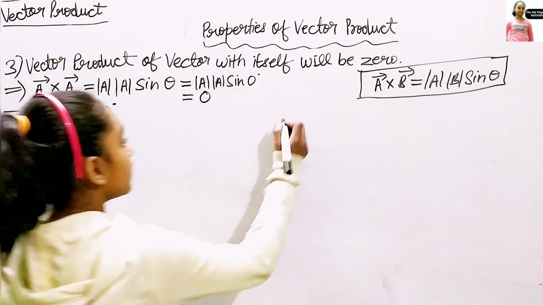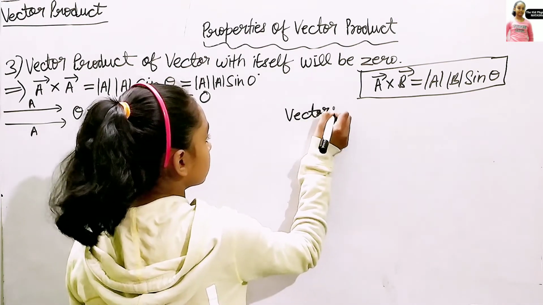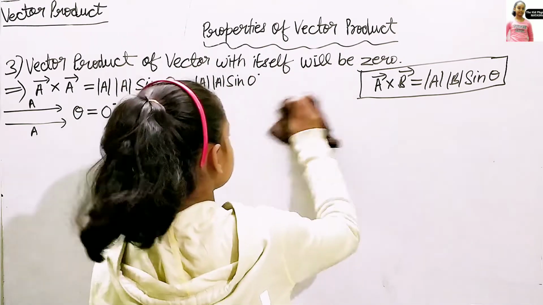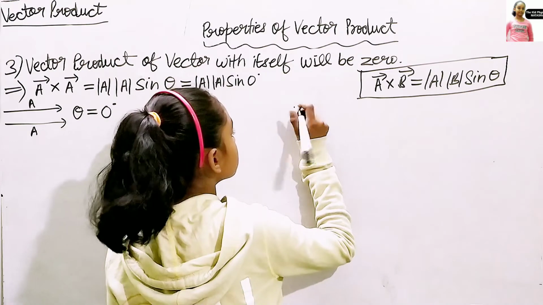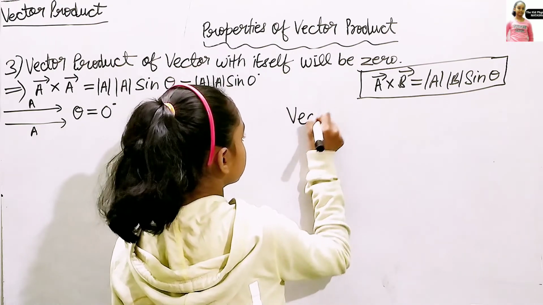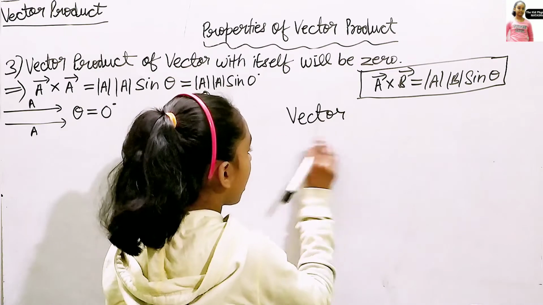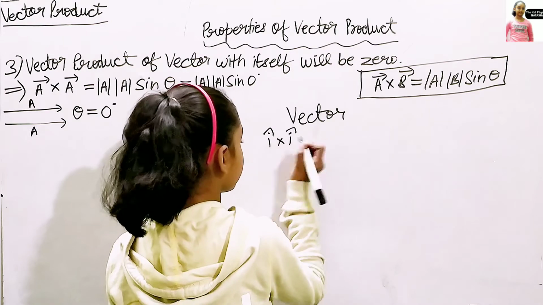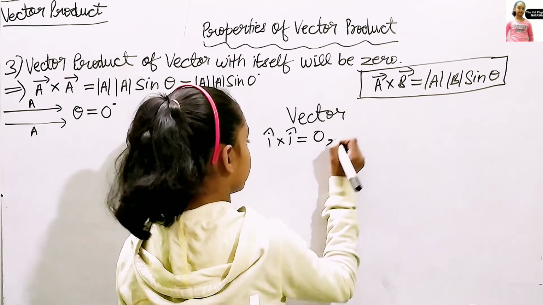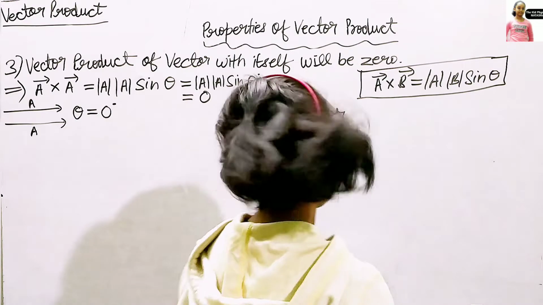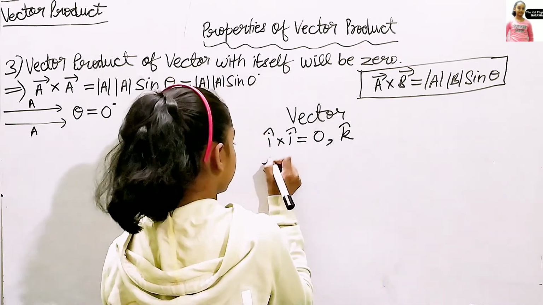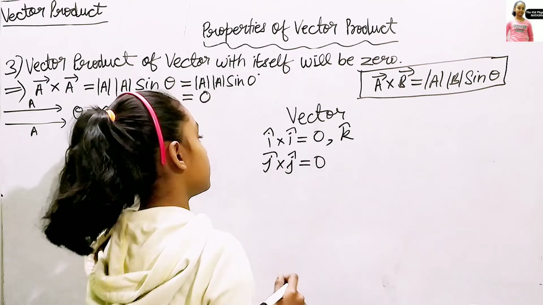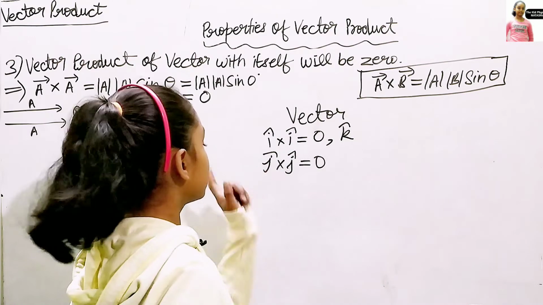Got it? So in other vectors, let's take i cap. When we do the cross product of i cap with itself, we get 0. And when we do the cross product of j cap with itself, it will also be 0.